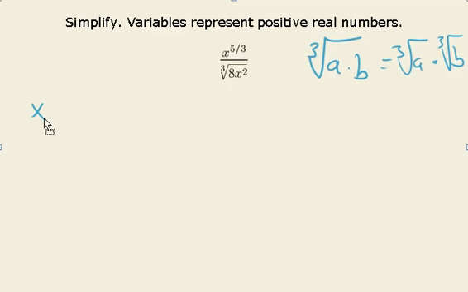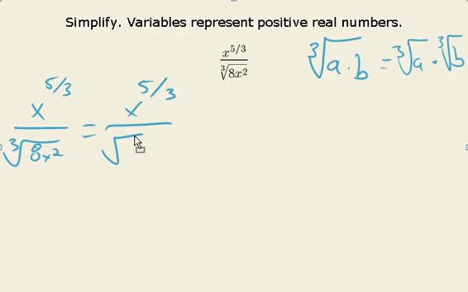We can rewrite x to the 5/3 over cube root of 8x squared by taking that denominator and breaking it into two pieces: cube root of 8 times cube root of x squared. So there's some progress for us. Cube root of 8, of course, you'll recognize is just the number 2. We'll be able to simplify that in a moment. That part's equal to 2.